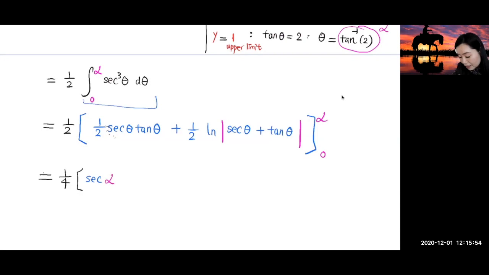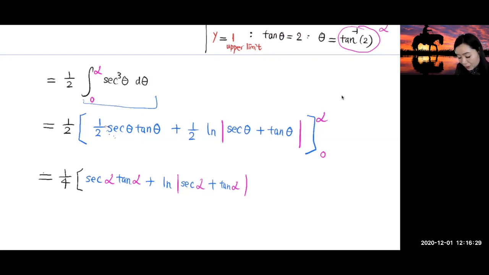Then plus, taking out the common factor 1/2, ln of the absolute value of secant alpha plus tangent alpha. You substitute the upper limit alpha and you got this part right here.